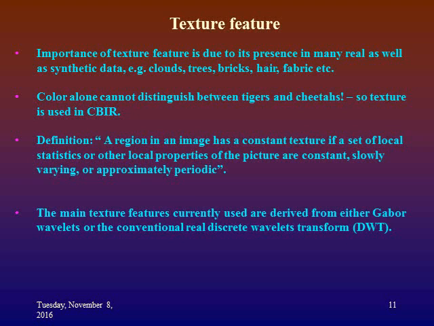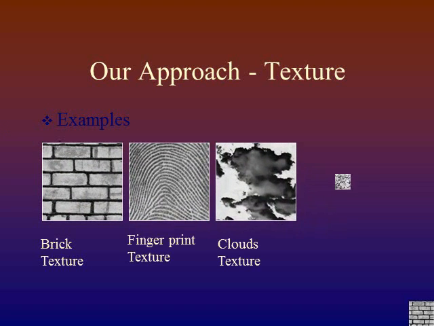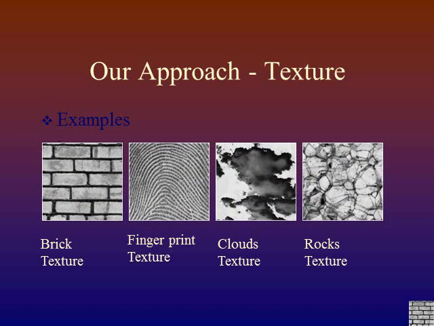I think you might know these DFTs, discrete Fourier transforms and Fourier transforms. You might know this from your undergrad. So this slide depicts how an image can be retrieved based on the texture.